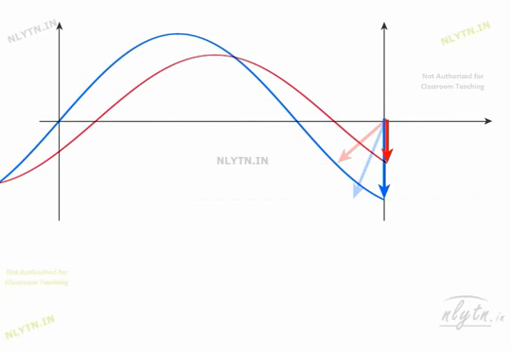And graphically, current will be shifted towards right by a phase of phi.